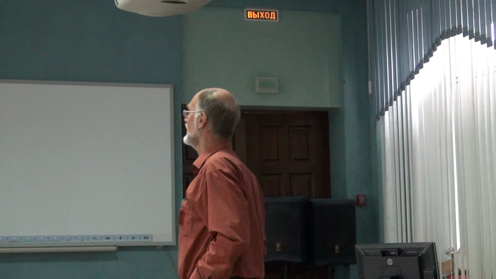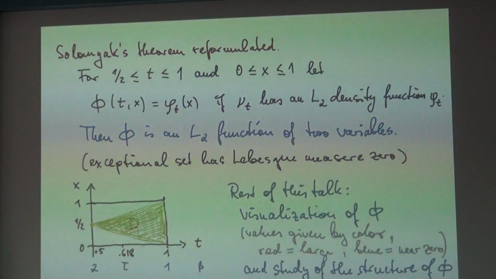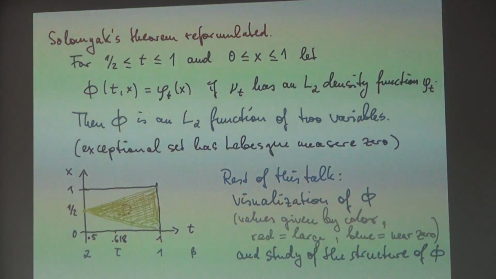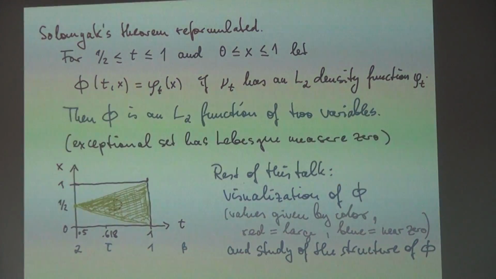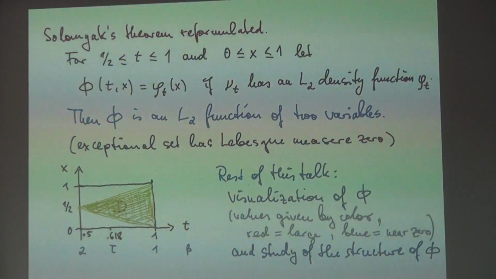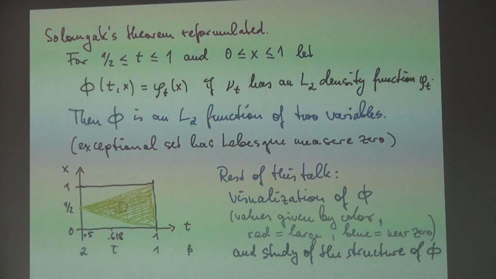Study the whole parametric family in one picture. So Solomyak's theorem says the following. We have a two-dimensional function which depends on the parameter and the point in the unit interval, and this two-dimensional function is L2.